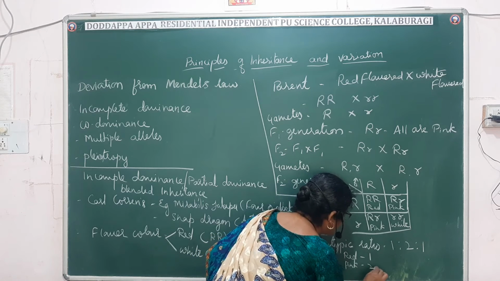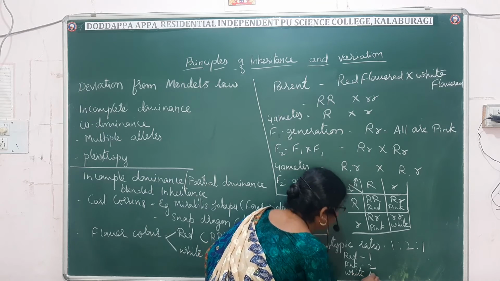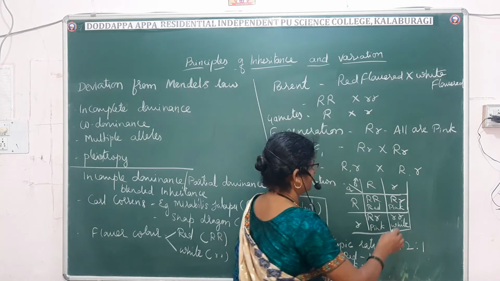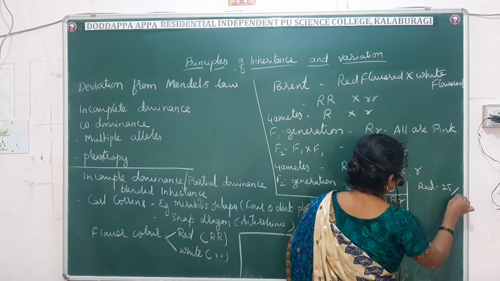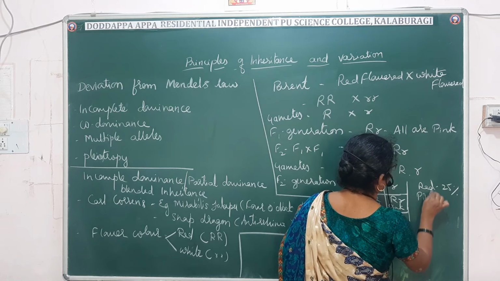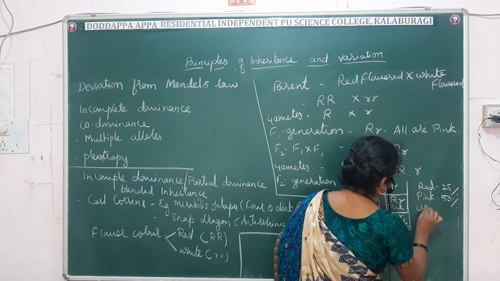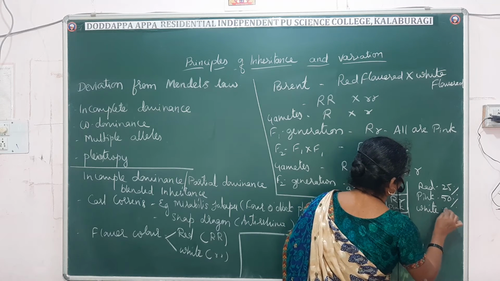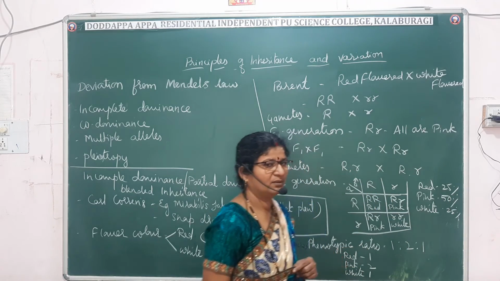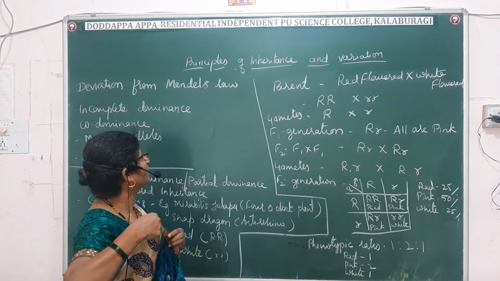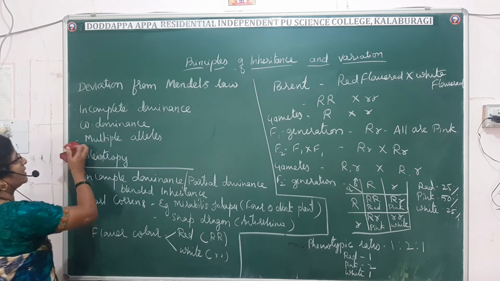That is red 25%, pink 50%, and white again 25%. That is what Correns got, a 1:2:1 ratio. Let me see the phenotypic ratio also.